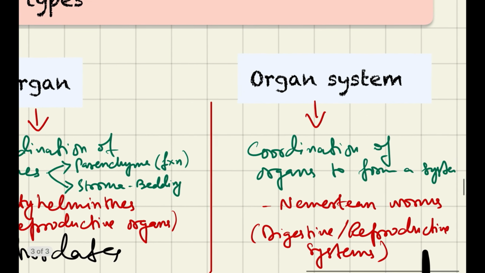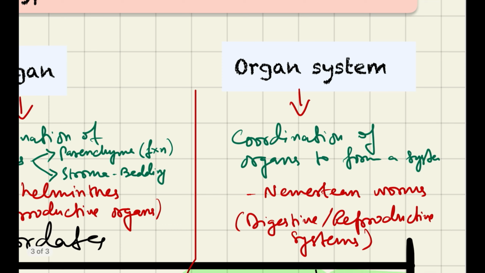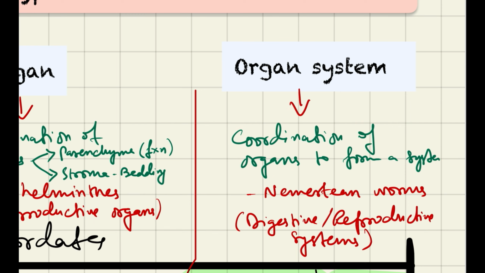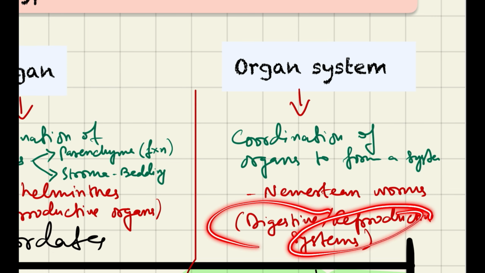Now let's come to the organ system level of organization. Here simply various organs come together, they coordinate to form a system which is known as an organ system. It is found first in the phylum Aschelminthes and in the nemertean worms. Examples are the reproductive system and digestive system.